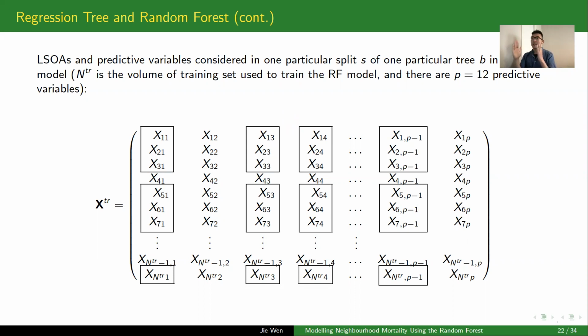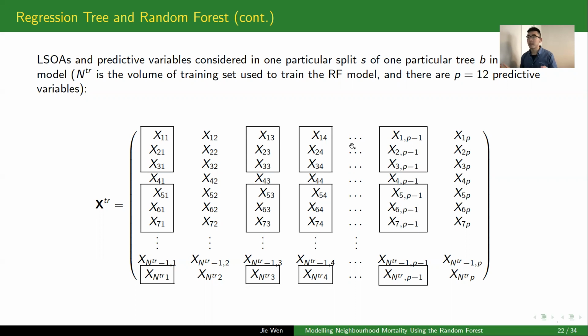So these 4 columns are the 4 predictive variables that one particular split can consider within this tree. After we make this particular split and want to go to the next split, a different 4 columns will be highlighted for that split. So in the same regression tree, the highlighted rows are consistent, they are constant, but for every split, there will be a different 4 highlighted columns as predictive variables to consider.